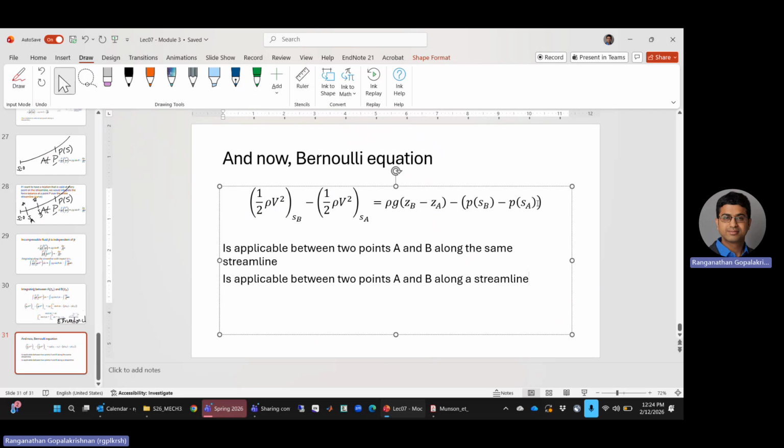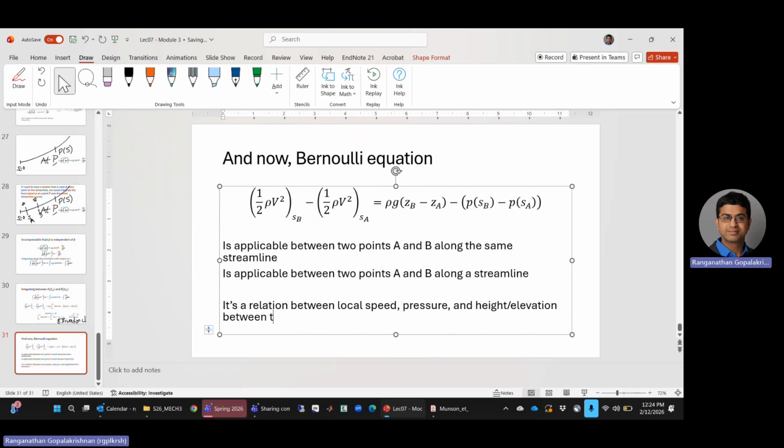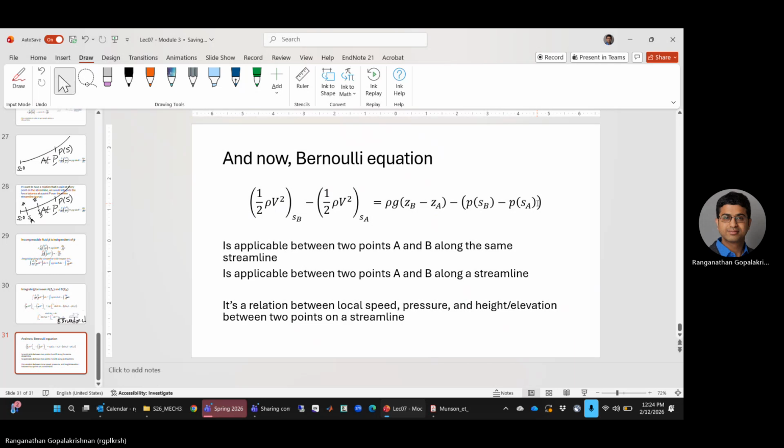That's what the Bernoulli equation is about. It's a relation between local velocity, or I should say local speed, pressure, and elevation or height between 2 points on a streamline. And this is the basis of many measurement methods as well as analysis methods. Okay, and we'll see those as examples.